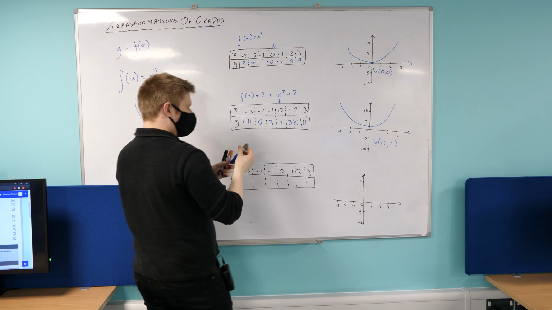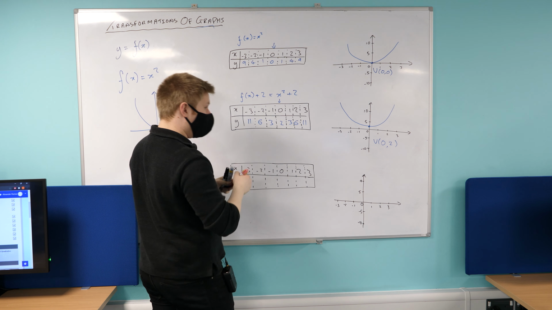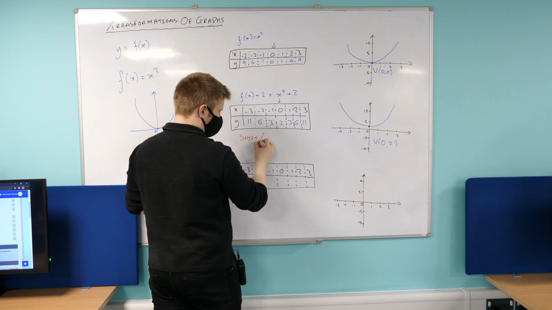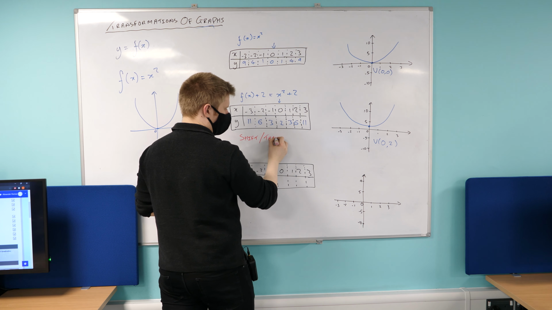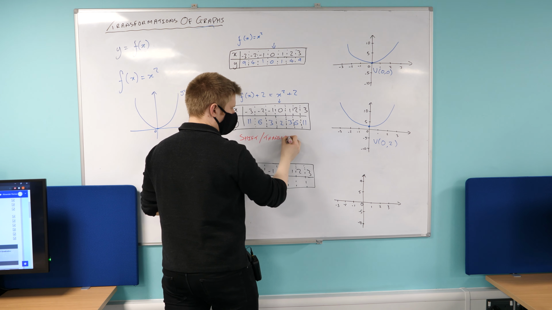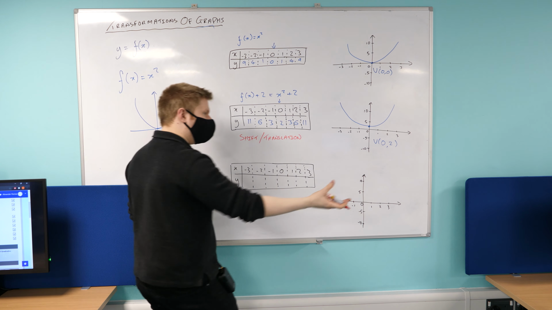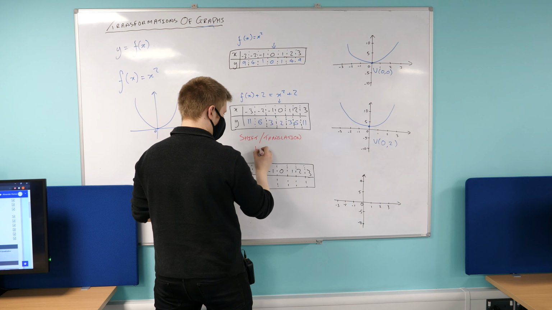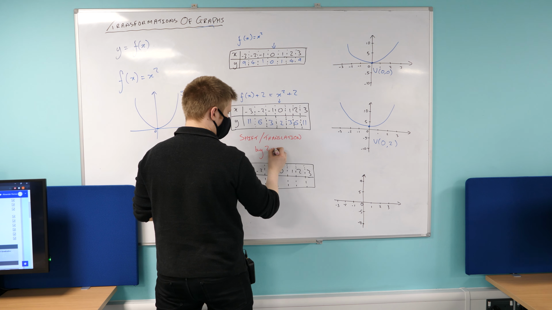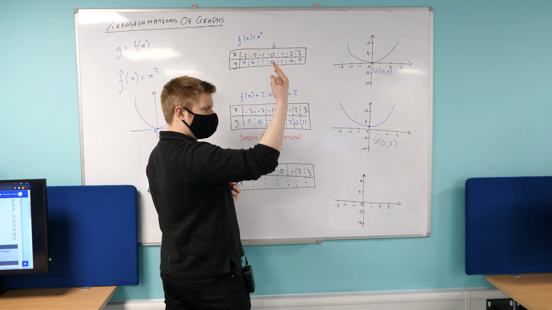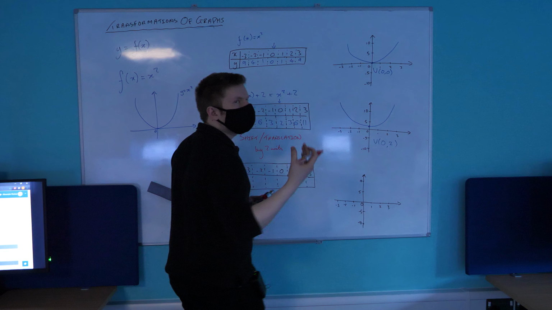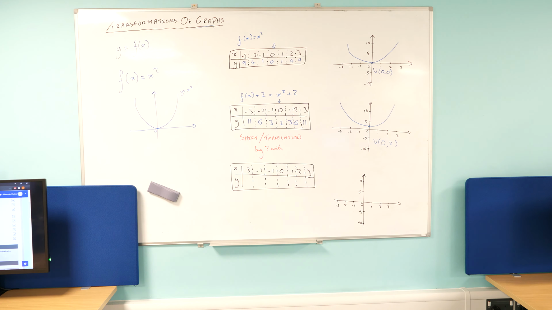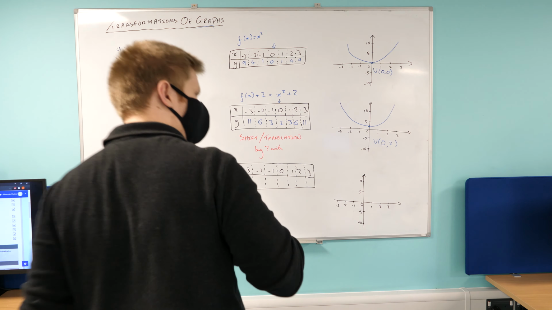So I would call that either a shift is fine, or a better word for it is a translation. Now, how many units have I moved? 2 units. So a shift or translation by 2 units. Which direction? The x direction or the y direction?